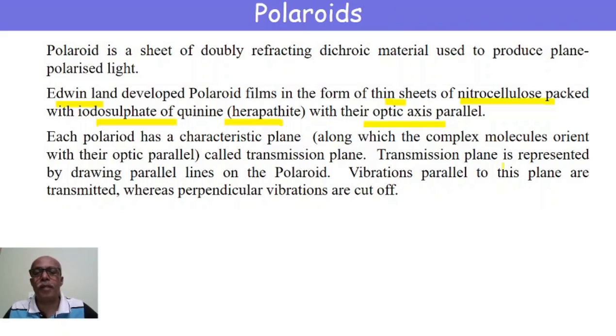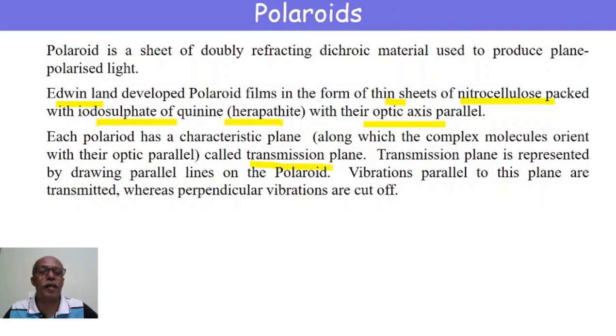Each Polaroid will have a characteristic plane. Along such a characteristic plane, the complex molecules align themselves, and such a plane is called a transmission plane.